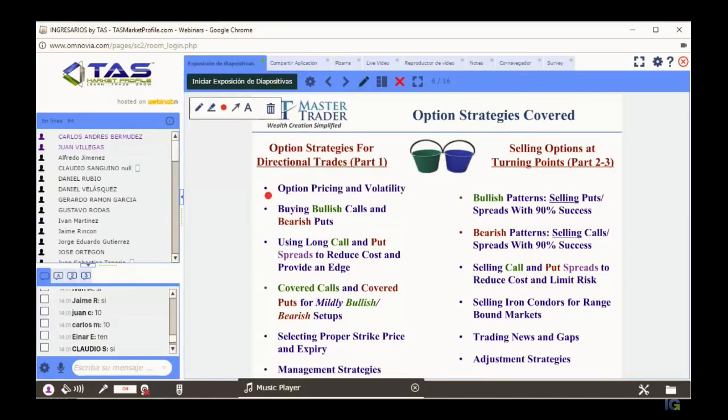We're going to get you comfortable with trading options, and then in the stage 2 and 4, we're going to show you exactly how to buy the proper call option for bullish trades, put options for bearish trades.